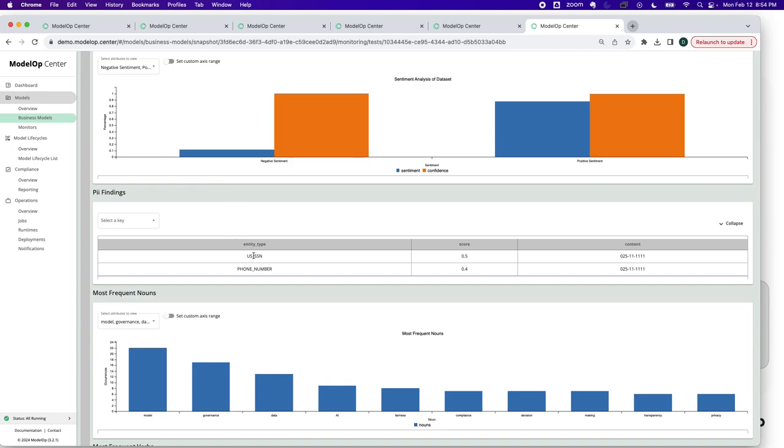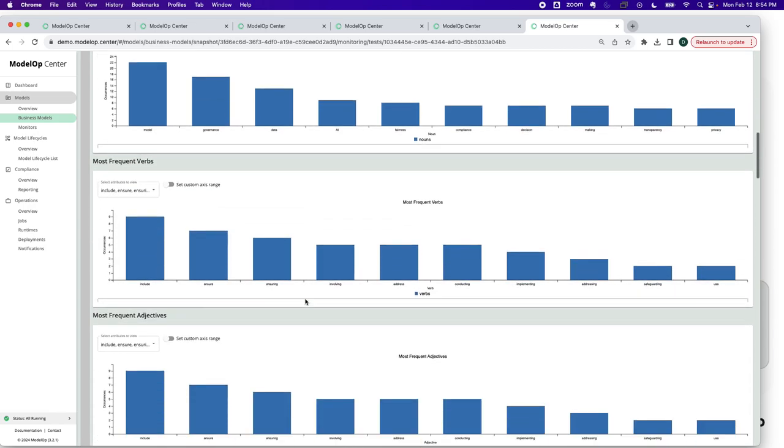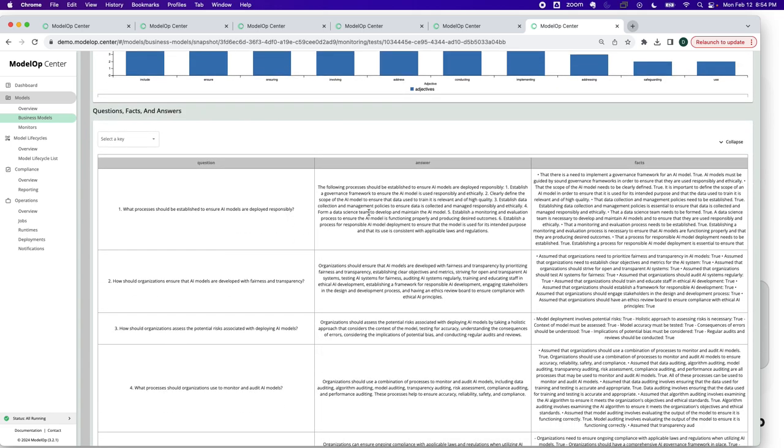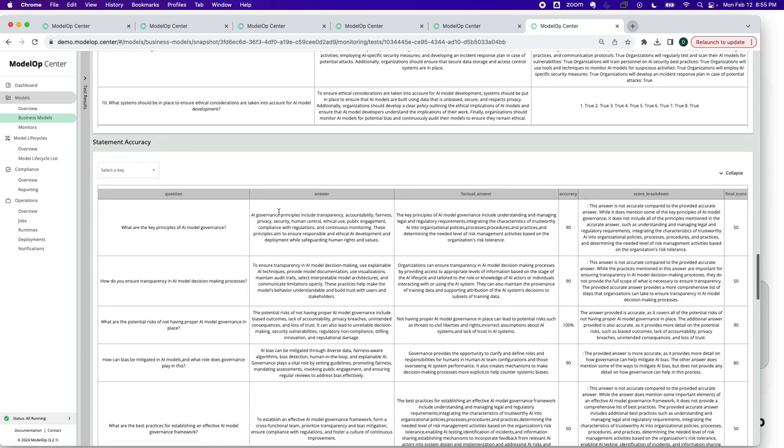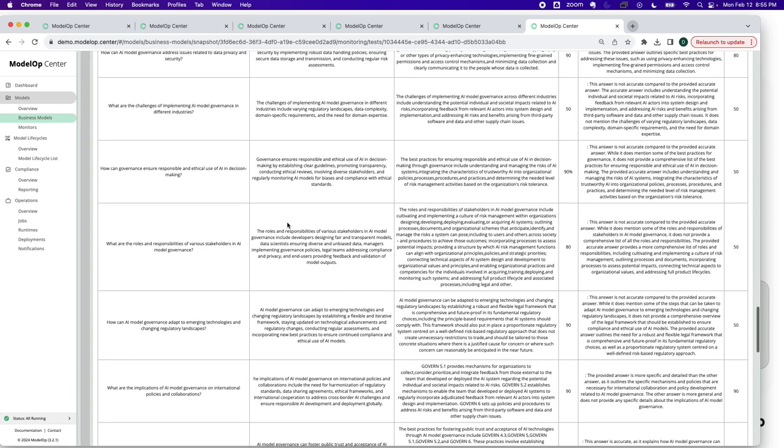We ensured that there was no PII leakage that occurred in the output of the LLM, as well as looking at a variety of different techniques to look at the performance, doing question, fact, and answer verification, cross-LLM validation against a select set of golden questions with accuracy scores, expert similarity, etc. All of this basically saying that we are able to automate these tests across all the different technologies and methodologies that may be used, and all of these are captured with the record of the model systematically in a comprehensive fashion.